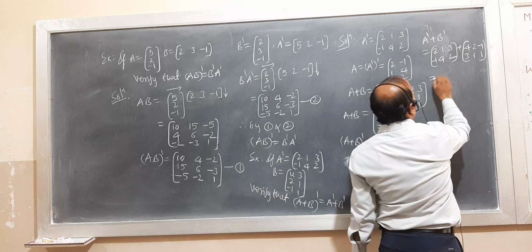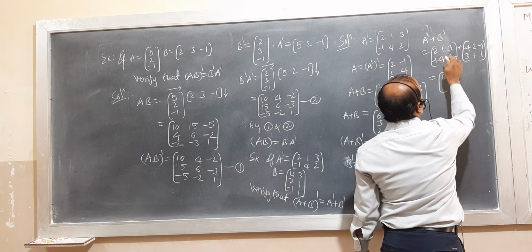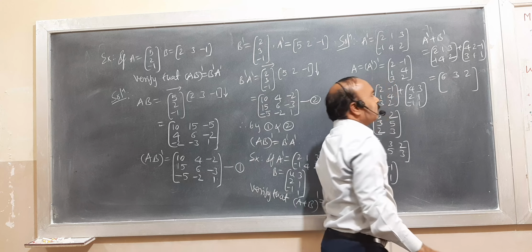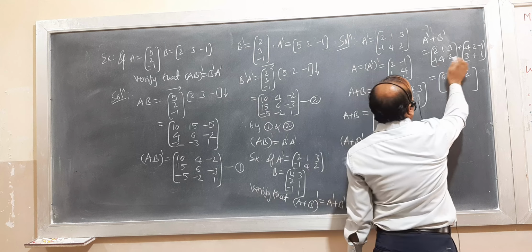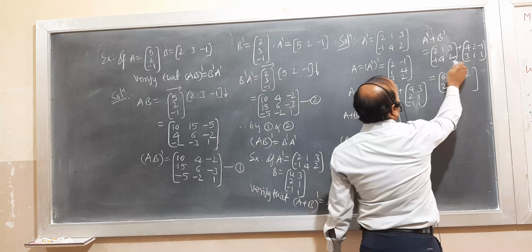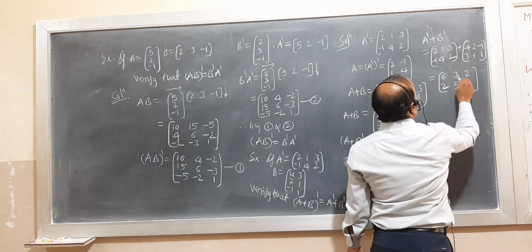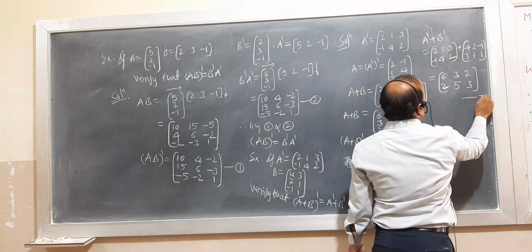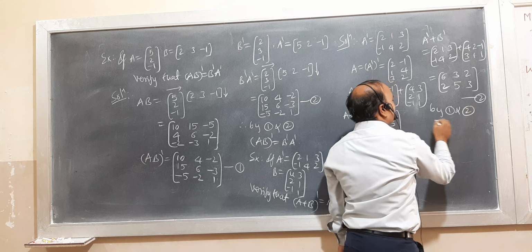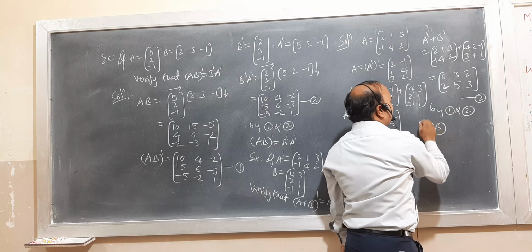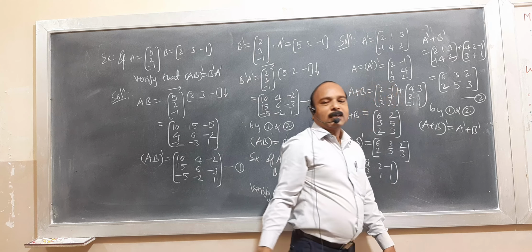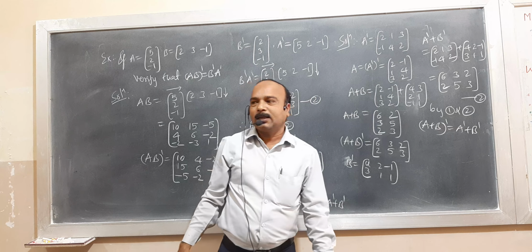Now you can add this: 2 plus 4 is 6, 1 plus 2 is 3, 3 minus 1 is 2. Second row: minus 1 plus 3 is 2, and 4 plus 1 is 5, 2 plus 1 is 3. Call this 2. Then we conclude by 1 and 2 that (A plus B)' equals A' plus B'. It is the verification of the result.